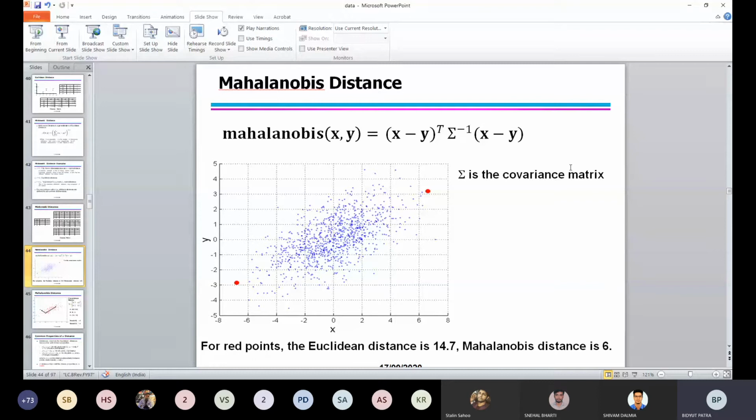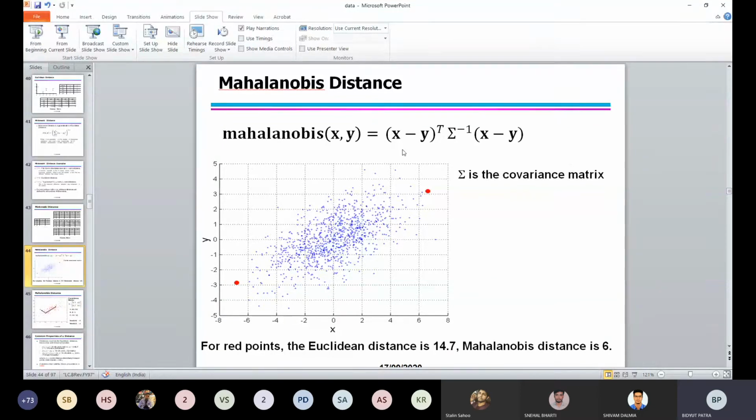Similarly for the 1 1 position we'll get the variance, but in the 0 1 position we should compute the covariance value.